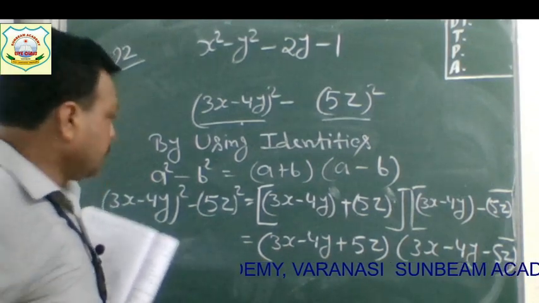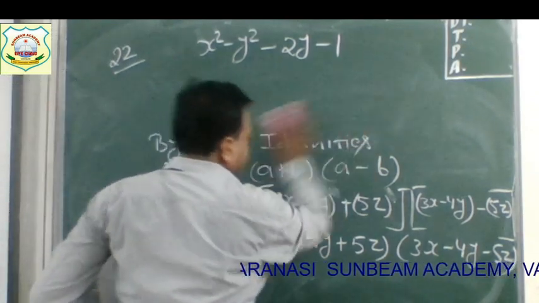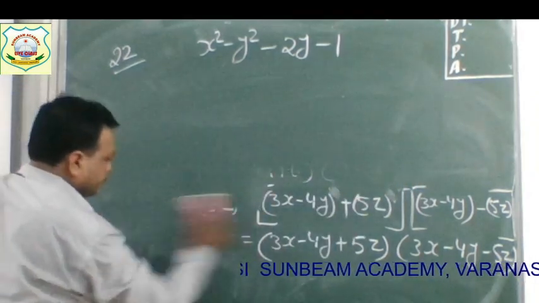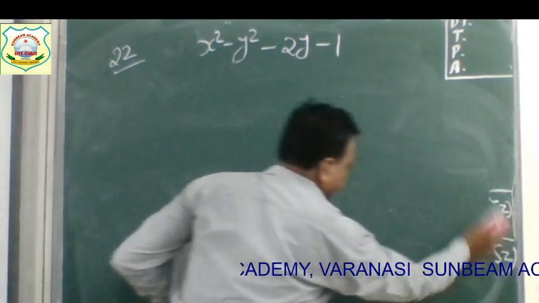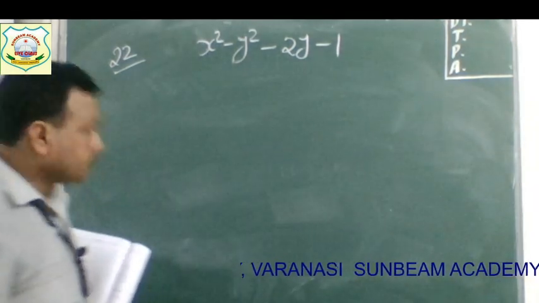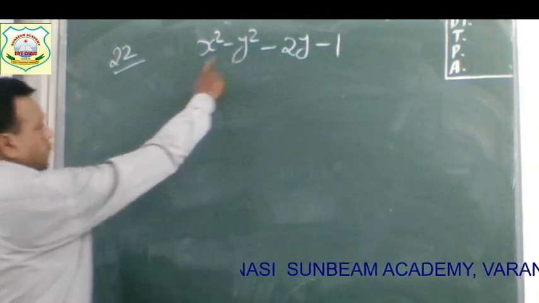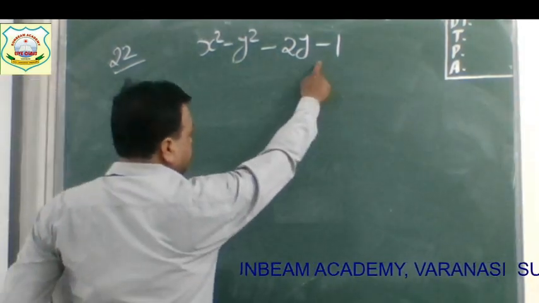What can we do here? Hope everyone noted: x square minus y square minus 2y minus 1.